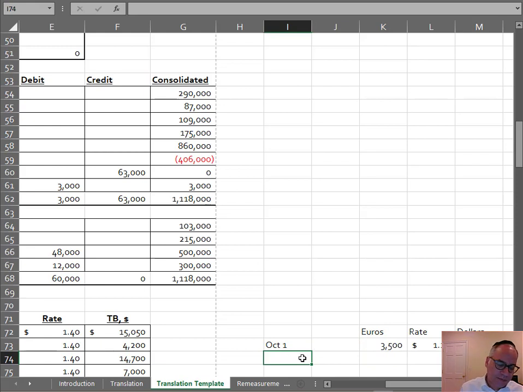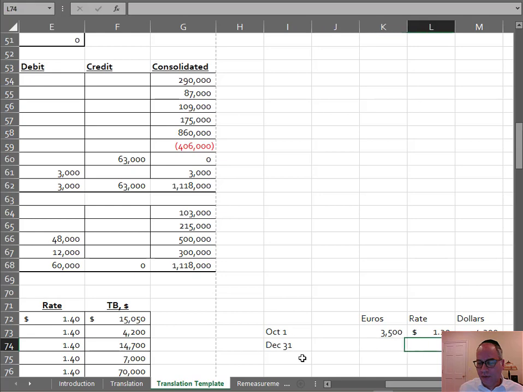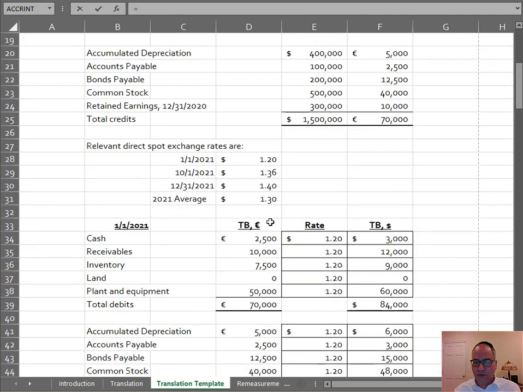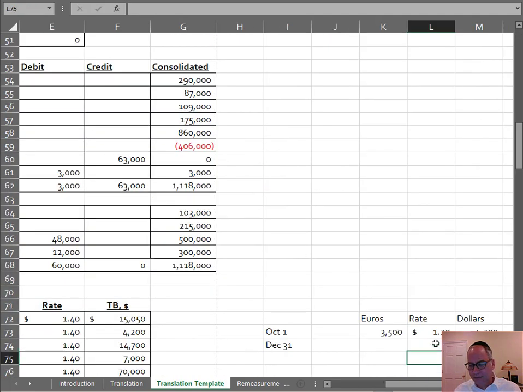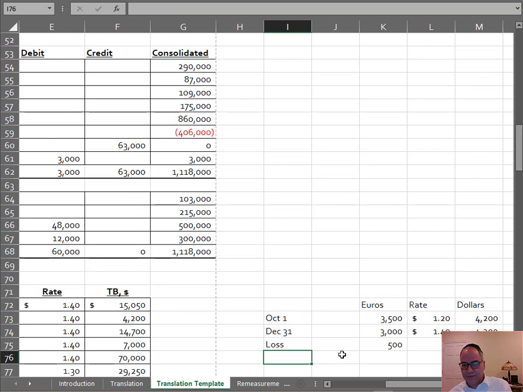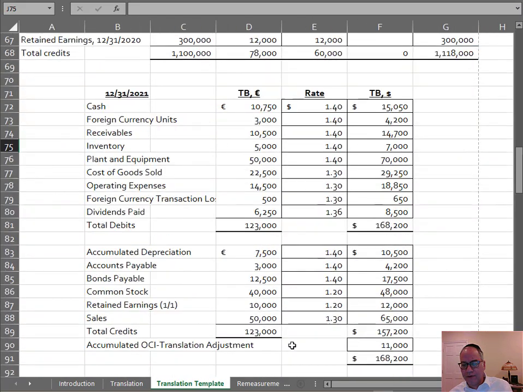And then by December 31st, it's still $4,200, but the conversion rate has changed to $1.40. Meaning that in euros, it's now worth $3,000. So the loss would be, there you go, $500. Because it's declined in value from 3,500 euros to 3,000.